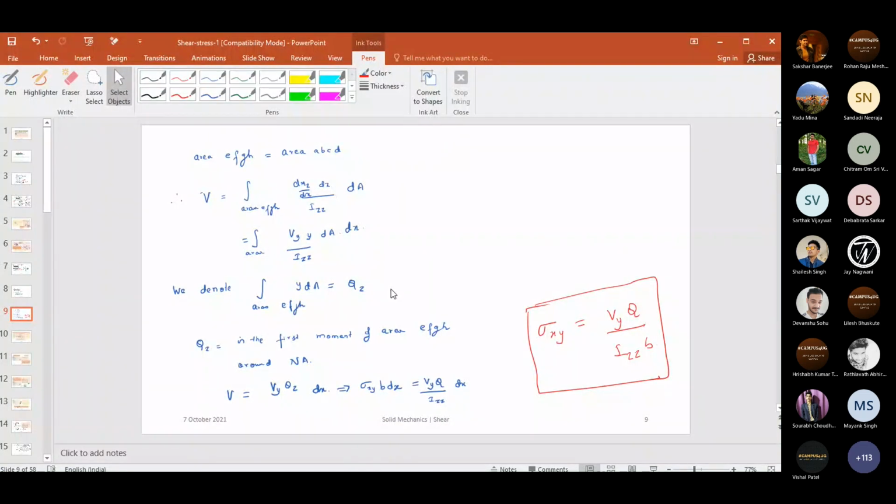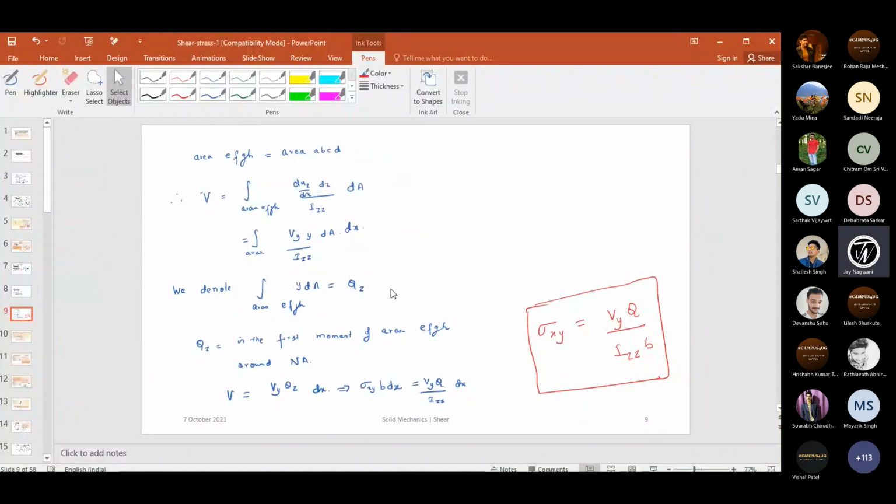Okay. So now, I can solve some problems, but shall we solve one, or shall I leave it, so that you can understand what we have derived? Solve, sir. Yes, sir, please solve one problem as an example.